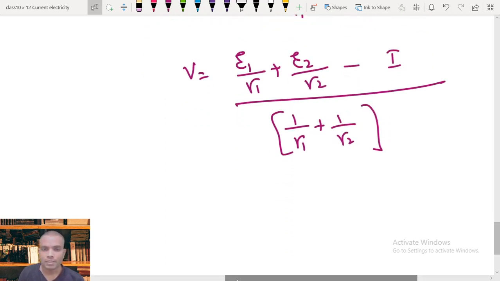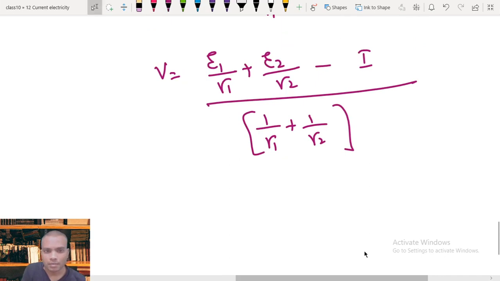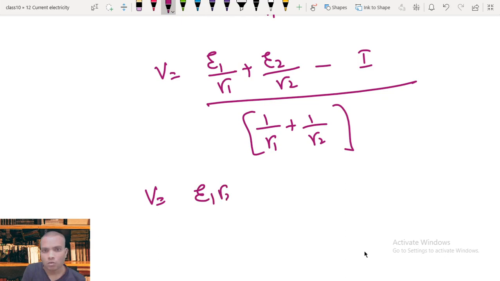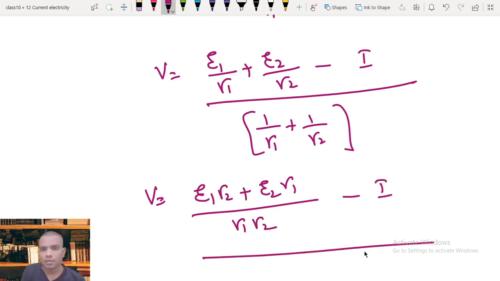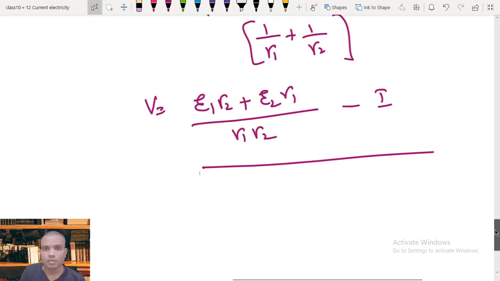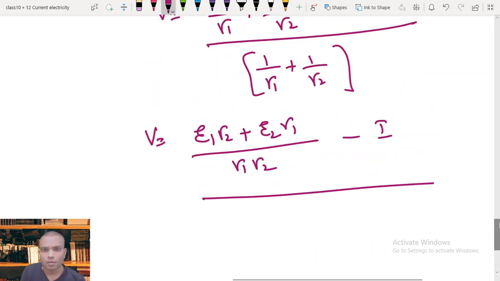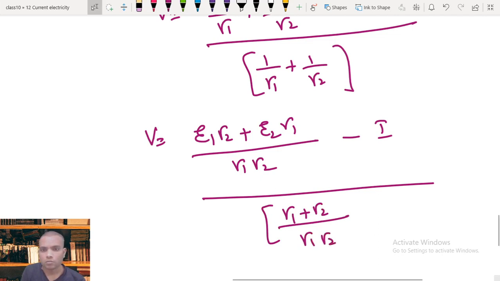After taking the LCM on the numerator, we get E1 R2 plus E2 R1 upon R1 R2 minus I, and on the denominator also we do the LCM, giving R1 plus R2 upon R1 R2.